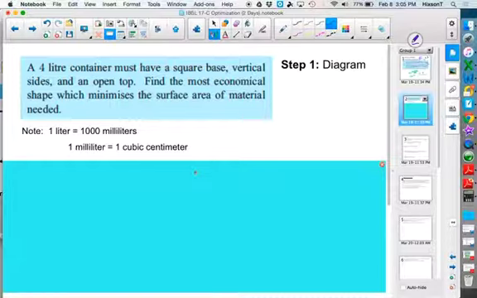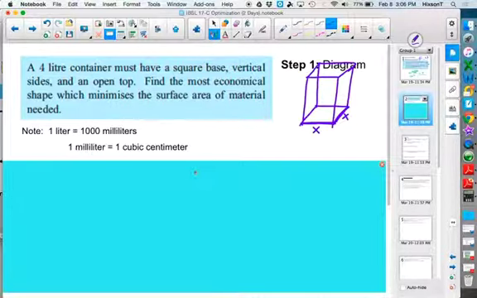Okay? So the first thing that we're going to do is draw ourselves a diagram. We see that it has a square base. Okay, so I'm going to draw a square base, and I'm going to indicate that this is a square base by labeling the sides of it both x. Okay, and then it has vertical sides. All right, so this is going to be a prism shape. It doesn't have to be a perfect drawing, but there we go.